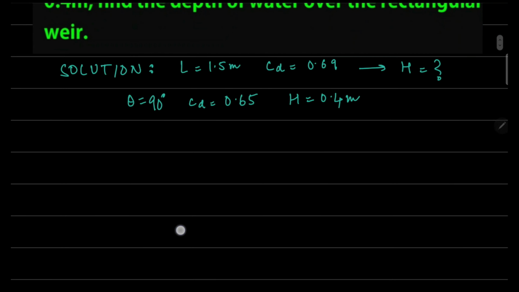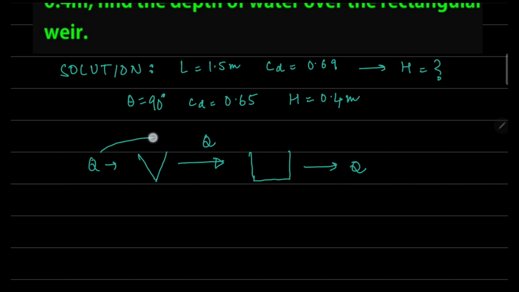So first of all, the scenario is such that a triangular weir is there and the same discharge is passing over it, and again it goes through a rectangular weir. So the same Q discharge will go over there.